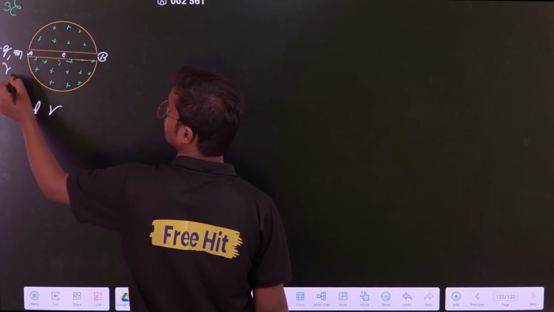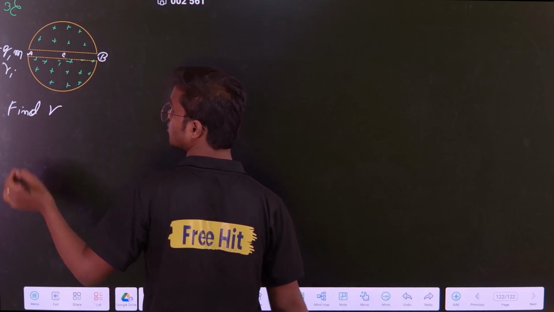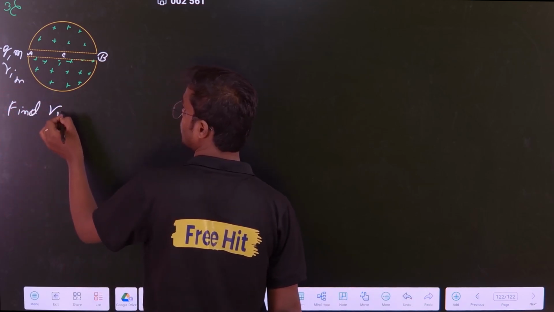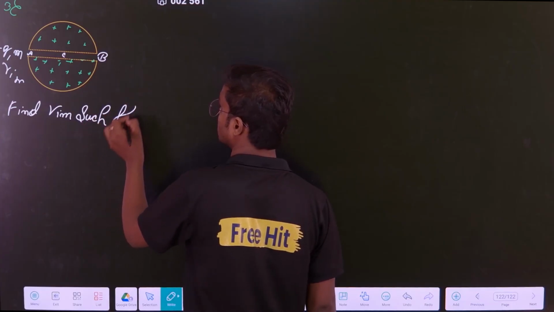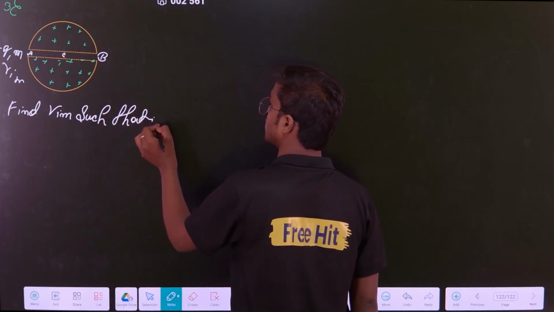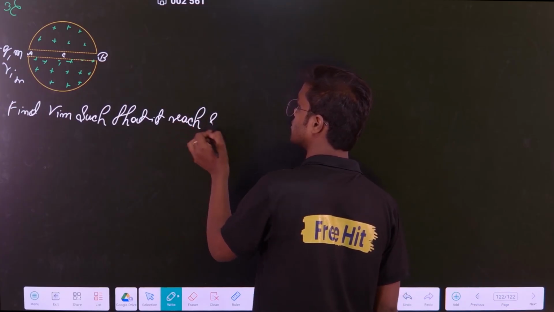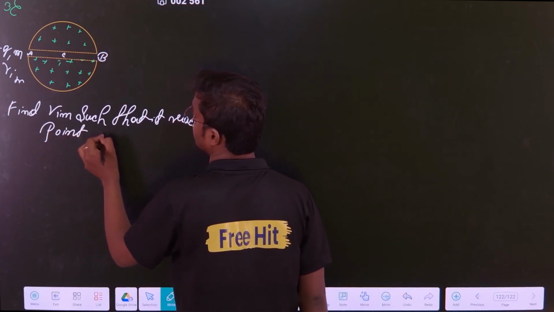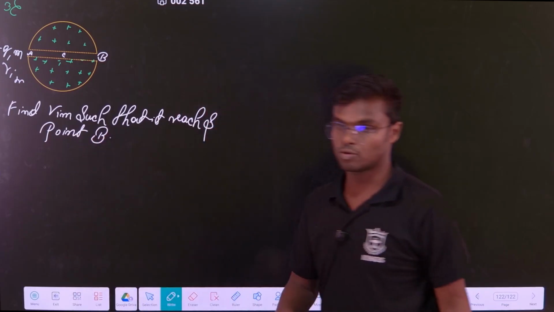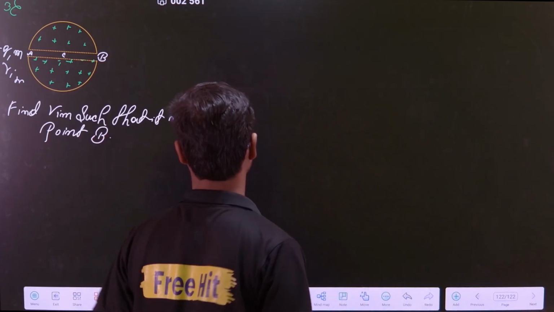Oh, sorry, V minimum. You have to find V minimum such that it reaches point B. Means you have to calculate V minimum such that it will reach the point B. That is my question, and you have to solve this.